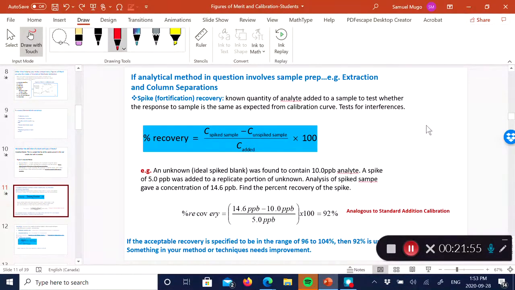After you do the detection, you can actually calculate the percent recovery, which is calculated as follows: the concentration of the spiked sample minus the concentration of the unspiked sample, divided by the concentration that you added, multiplied by 100, and that is what you call the fortification recovery.